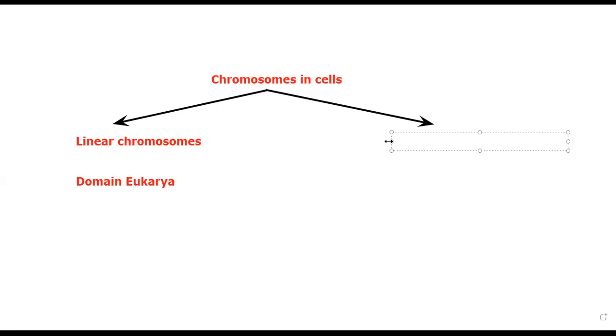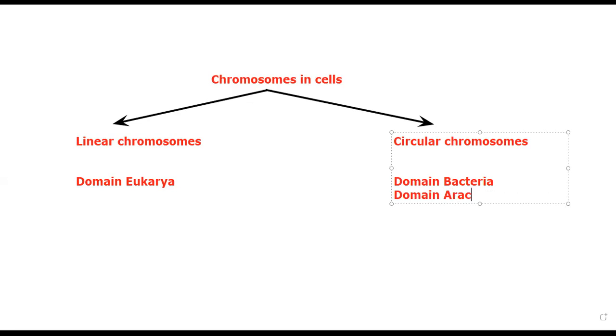No, sir. Linear chromosomes are there in the domain Eukarya. If you take the circular chromosomes, they can be seen in domain Bacteria and domain Archaea. So this is the meaning of that table comparison.